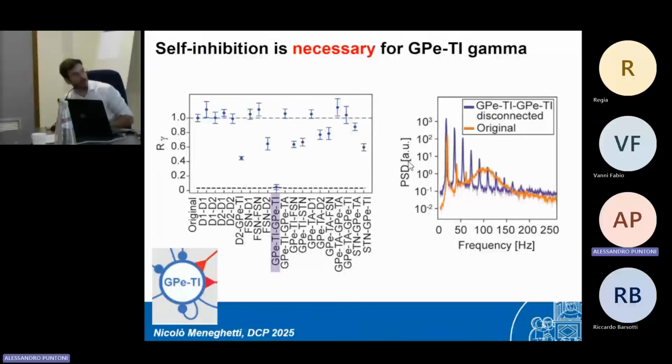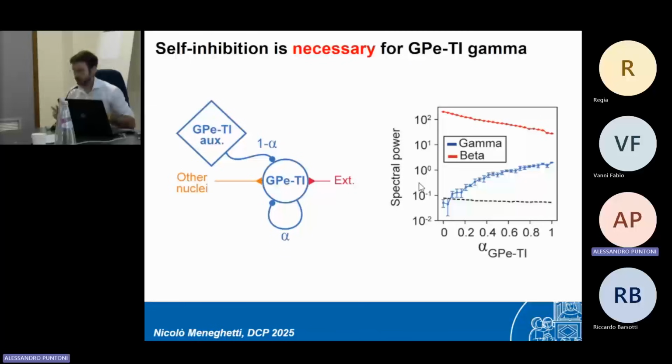And we also did something more refined than simply turning this inhibitory feedback loop on and off. We tried to modulate it along a continuum, but very long story short, we're going to read this plot from right to left. In the one condition, we have the original synaptic strength of this inhibitory loop.